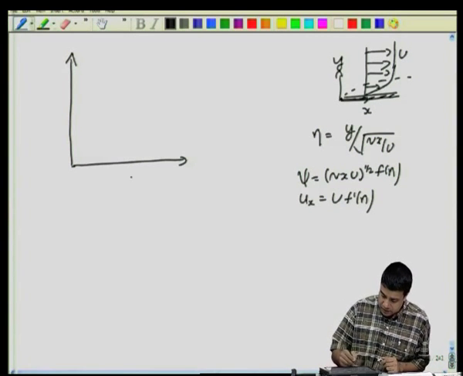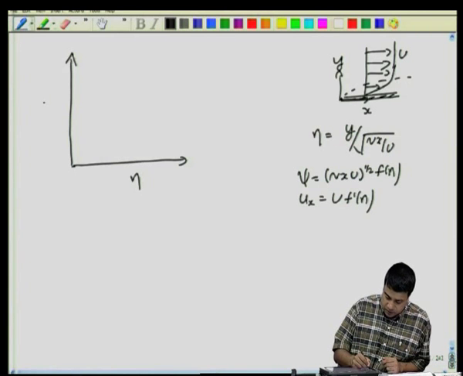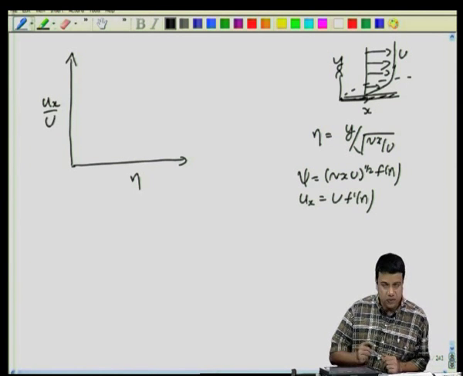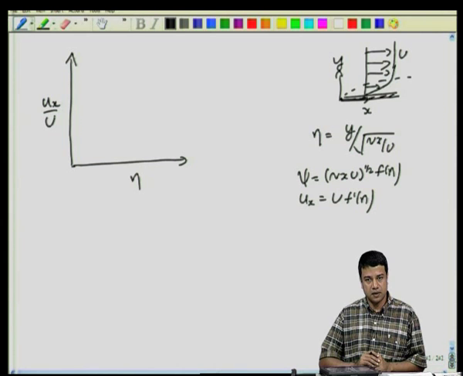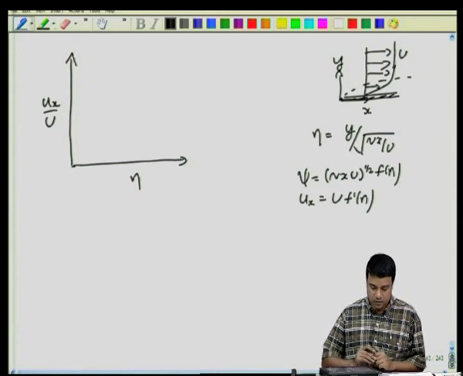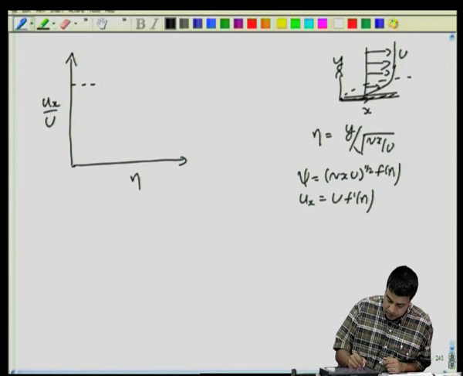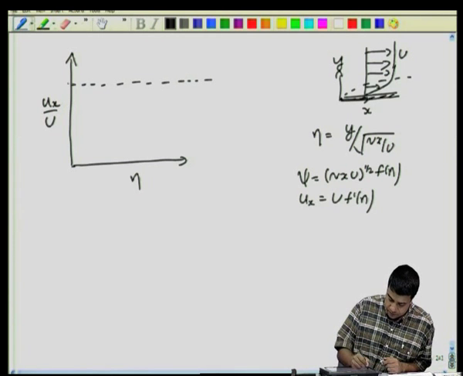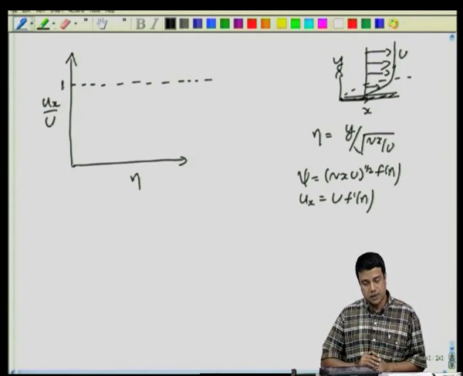That means, as a function of this distance eta, I can plot u x by u, which is f prime. That f prime has to go to 1 far away, because u x is equal to capital U. At eta equal to 0, it has to decrease to 0, because the velocity has to decrease to 0.